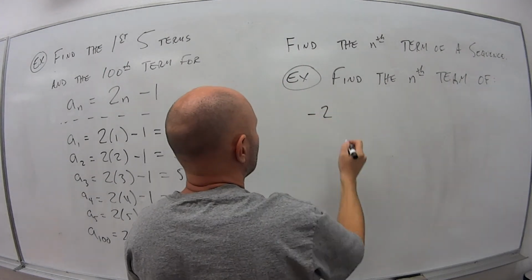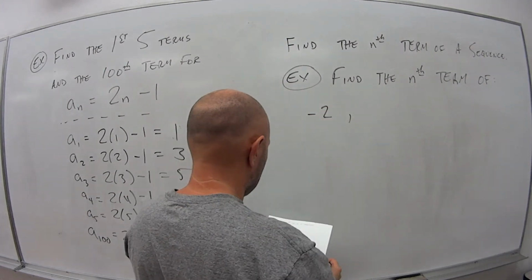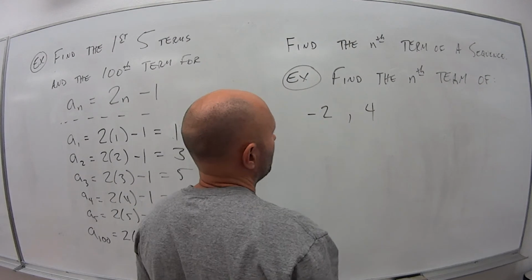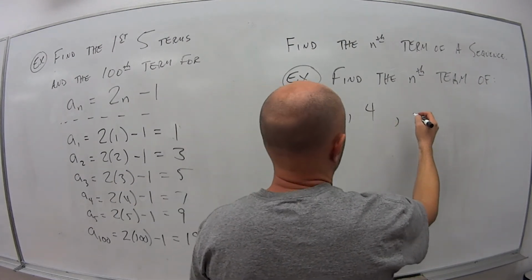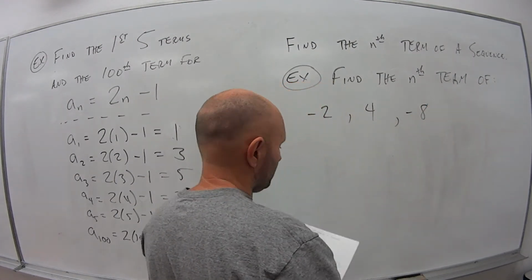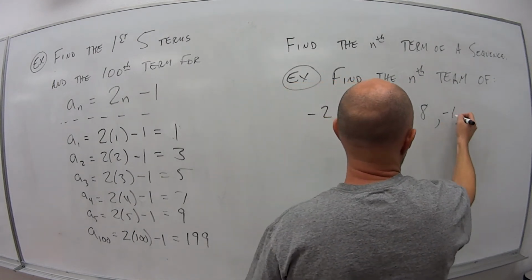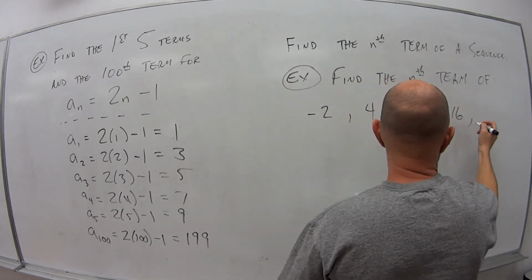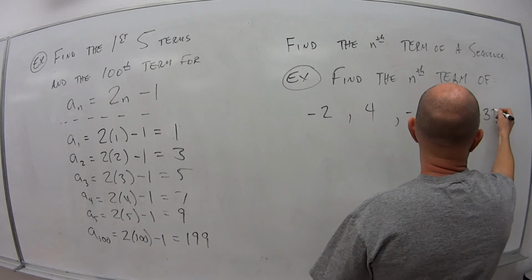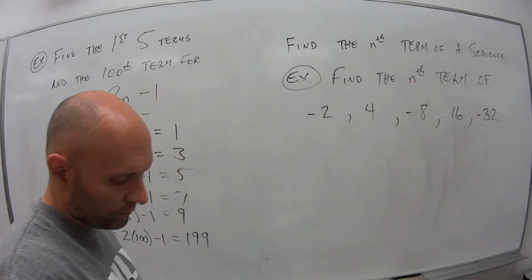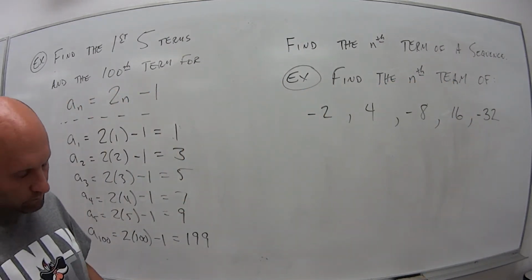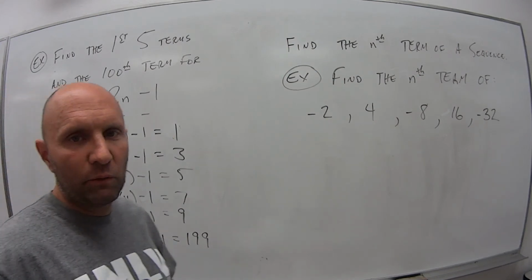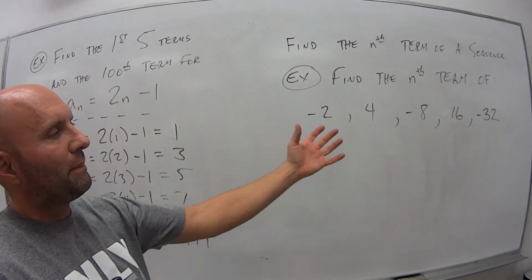The first number is -2. The next number is 4. The next number is -8. The next number is positive 16. And the next number is -32. So the first thing we need to do is figure out what's the pattern here.